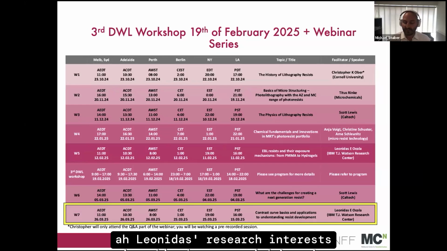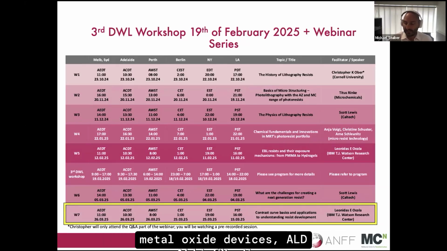Leonidas' research interests include electron beam lithography, simulating high energy electron beam interactions with polymer materials, scanning probe characterization techniques, FTIR, microspectroscopy, single molecule spectroscopy, nanofabrication, metal oxide devices, ALD infiltration and nanostructured polymers, and the properties of such modified materials.